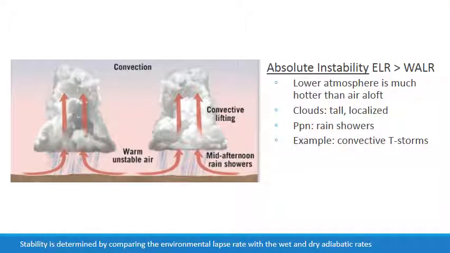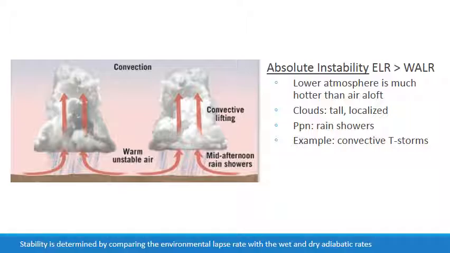Under absolute instability, this is the other end of the spectrum, we can expect to see in an unstable atmosphere big tall clouds starting to grow. So we see the convective uplift model happening here. And in this case, the environmental lapse rate is greater than the wet adiabatic lapse rate.